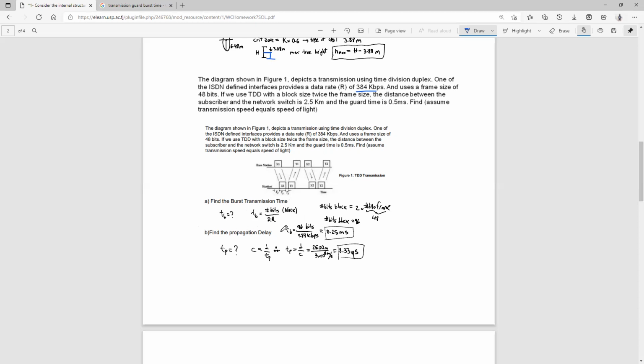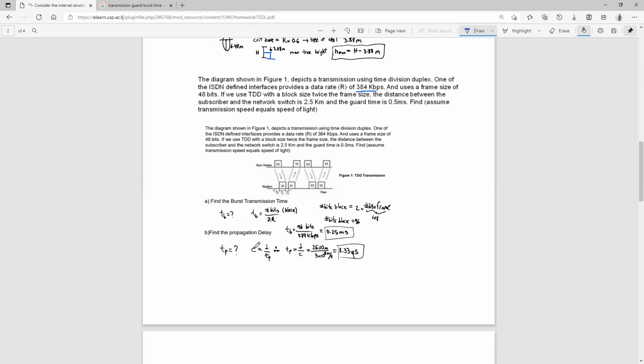Then find the propagation delay. Since the data is being transmitted through the air, the propagation time can be calculated.